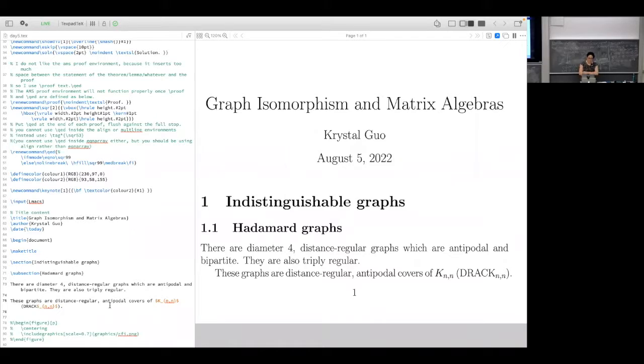So how do you construct them? Well, they're double covers of K_{N,N}. How do you get the double cover? You take the vertices of K_{N,N} and replace each vertex with two vertices.